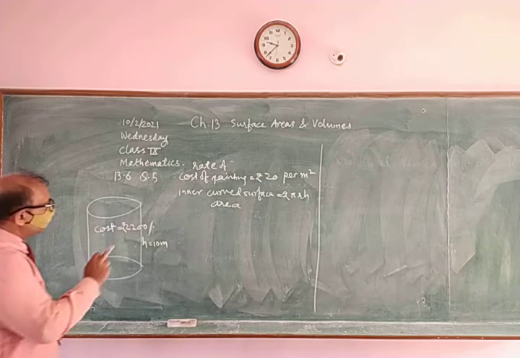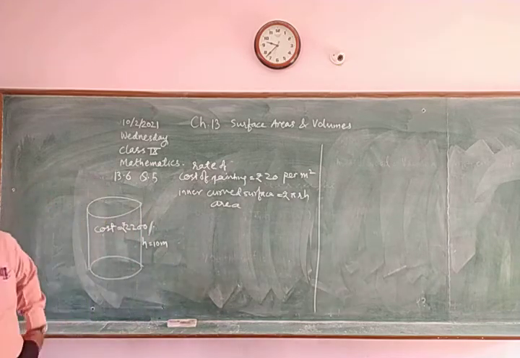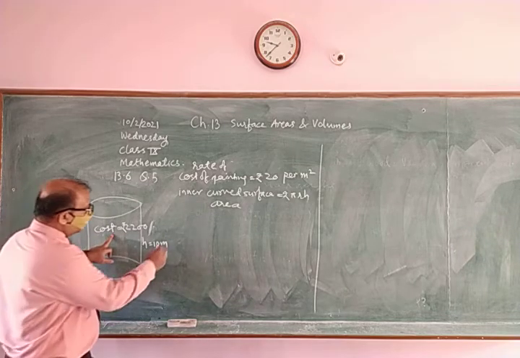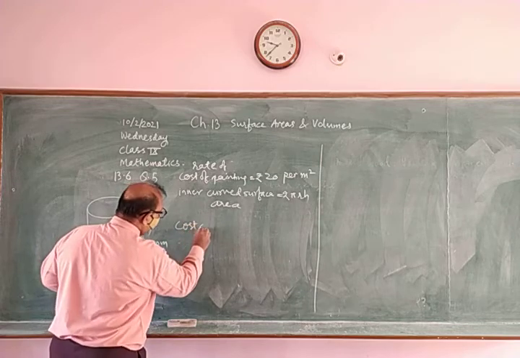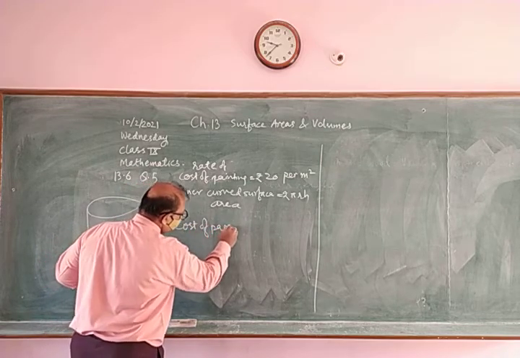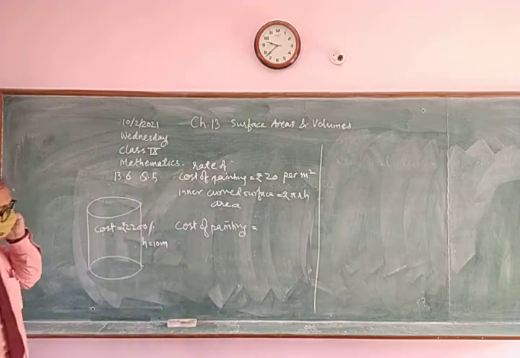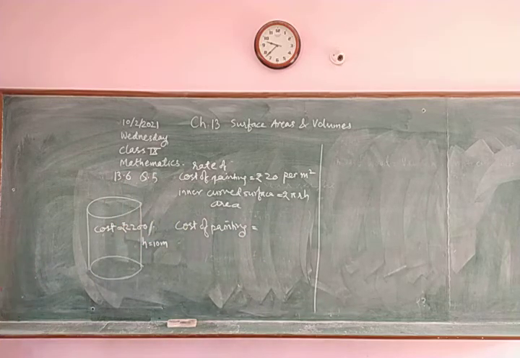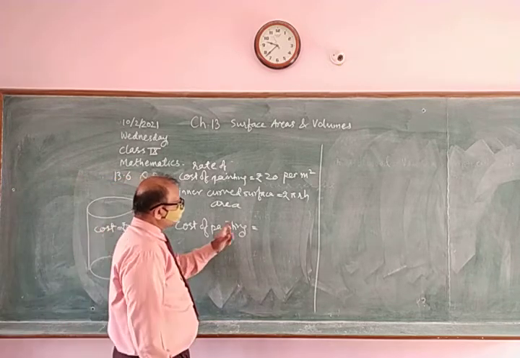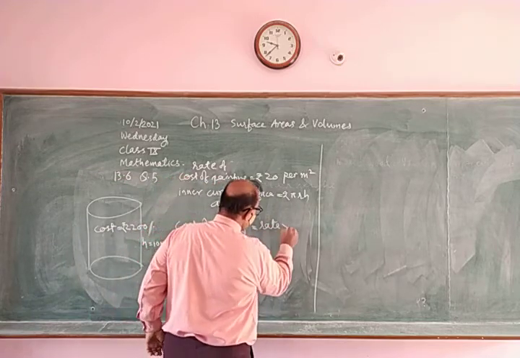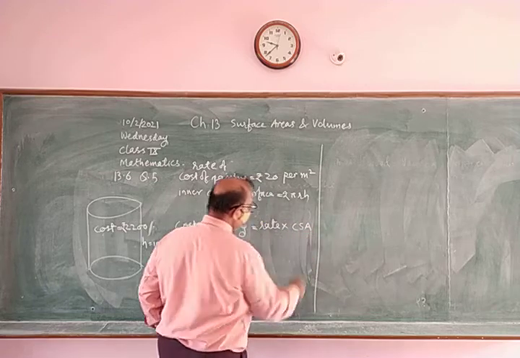Number 1: the cost of painting is rupees 2200. The cost of painting is equal to rate into curved surface area.